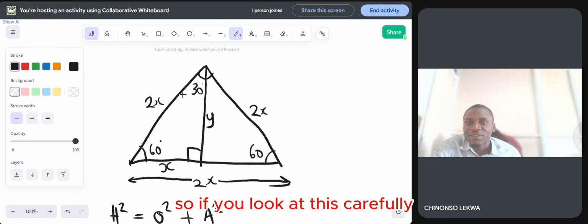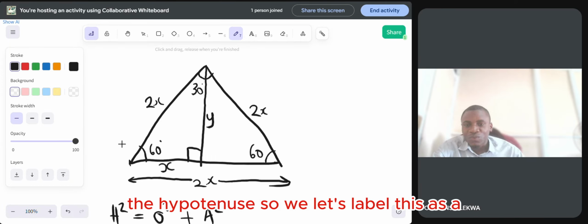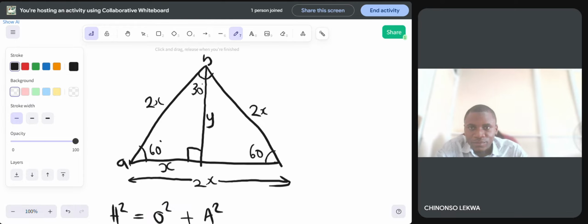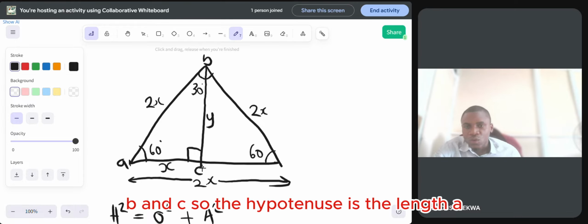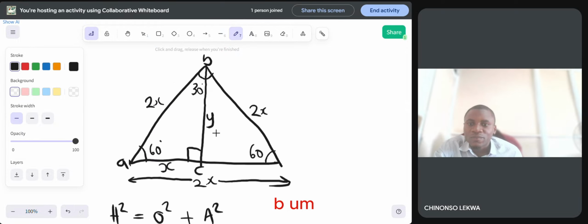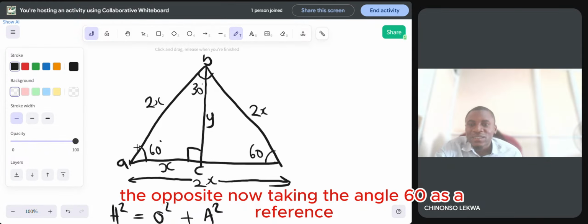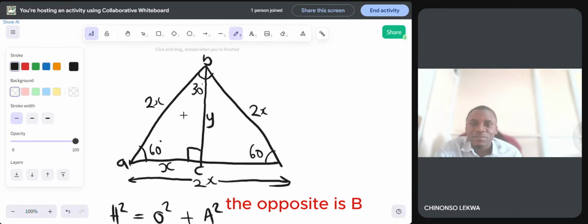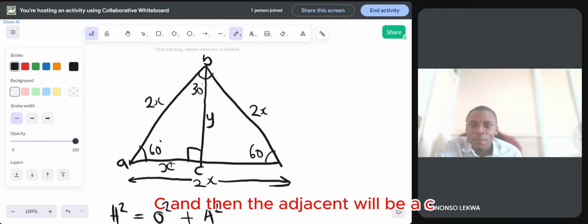So let's label these as A, B, and C. The hypotenuse is the length AB. Taking the angle 60 as a reference, the opposite is BC, and the adjacent will be AC.